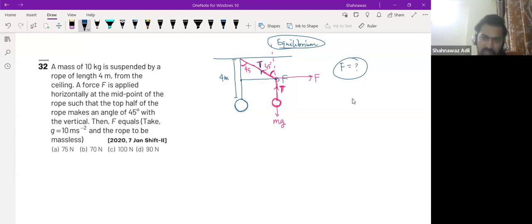So Tarif is saying C option, 100 newtons. Maria is also getting C option.